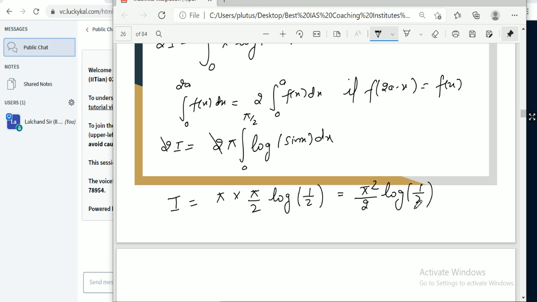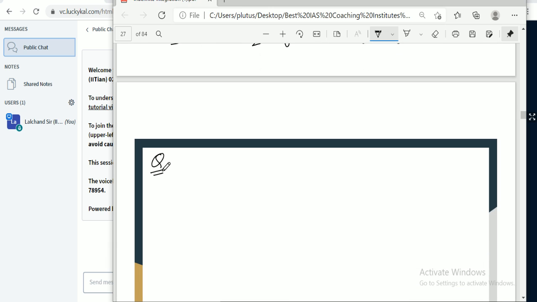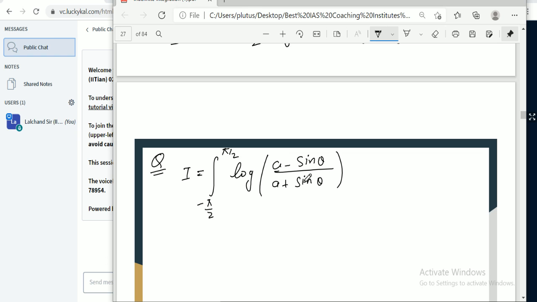Okay, I think this is clear to you. So we are trying to solve the next question. The next question will be I is equal to the integral from minus pi by 2 to plus pi by 2 of log of (a minus sin theta) divided by (a plus sin theta) d theta, where a is greater than 0.